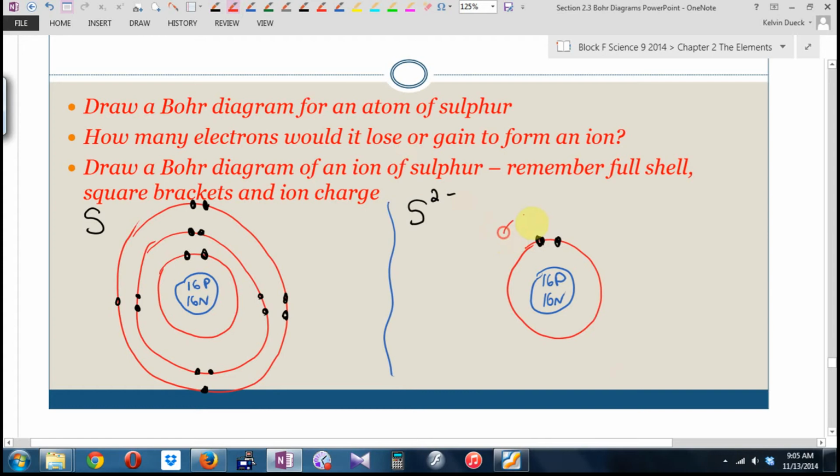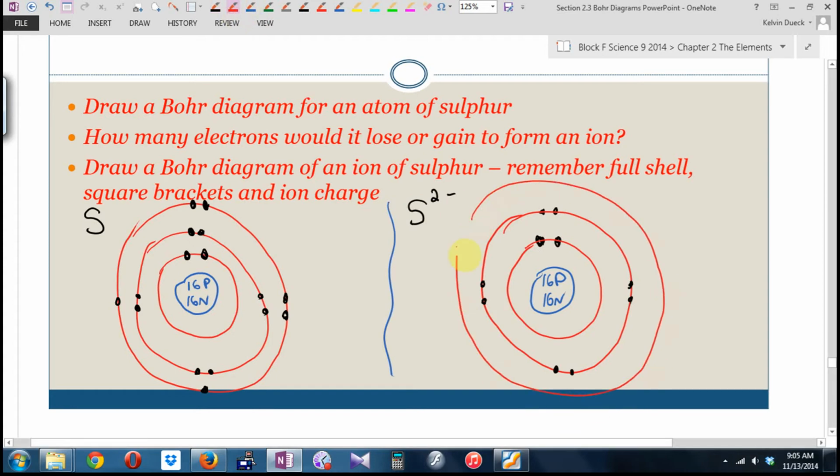The second shell is going to have 1, 2, 3, 4, 5, 6, 7, 8. The third shell used to have 1, 2, 3, 4, 5, 6.